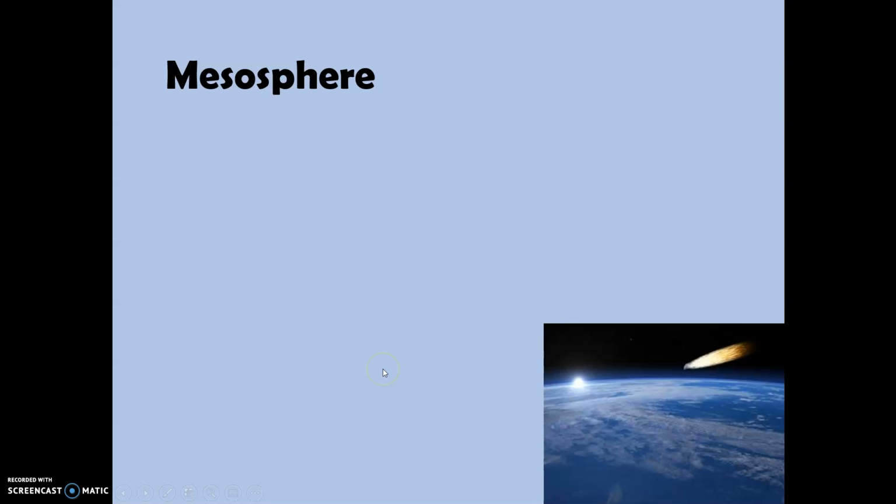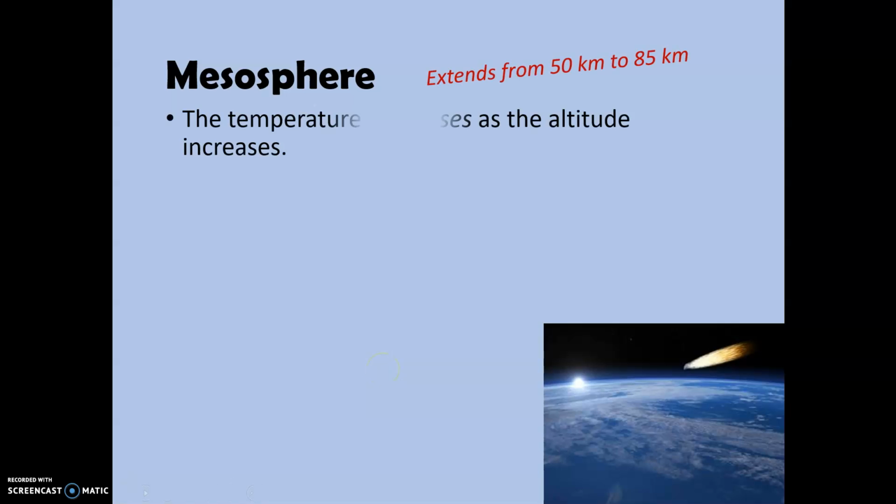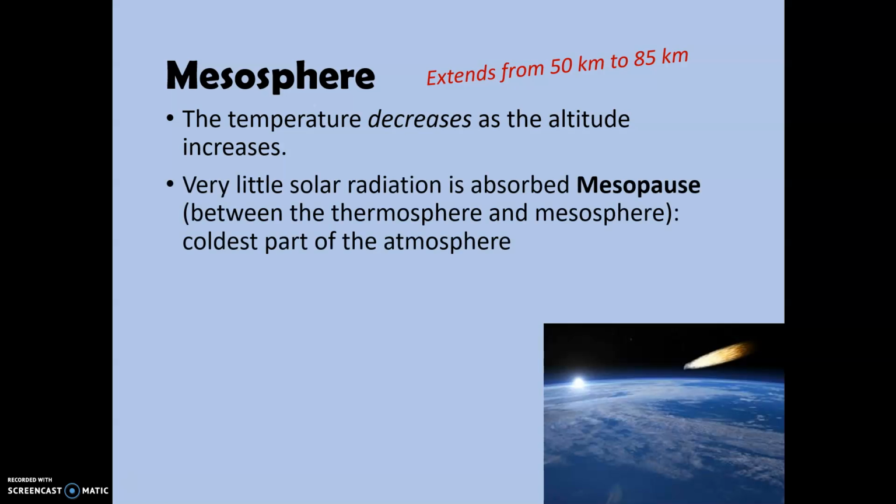Let's move our way up to the mesosphere. The mesosphere is a layer where it actually decreases in temperature as you get further away from Earth. It has very little solar radiation absorbed there. It tends to be the coldest part of our atmosphere.